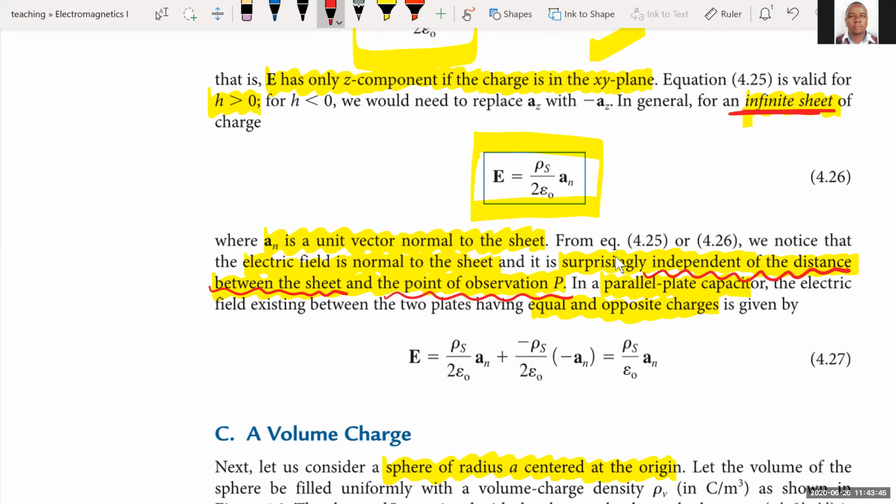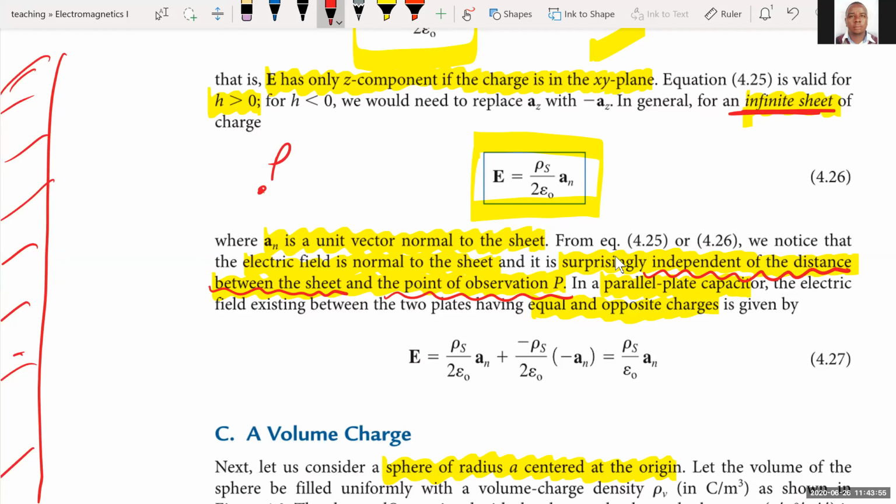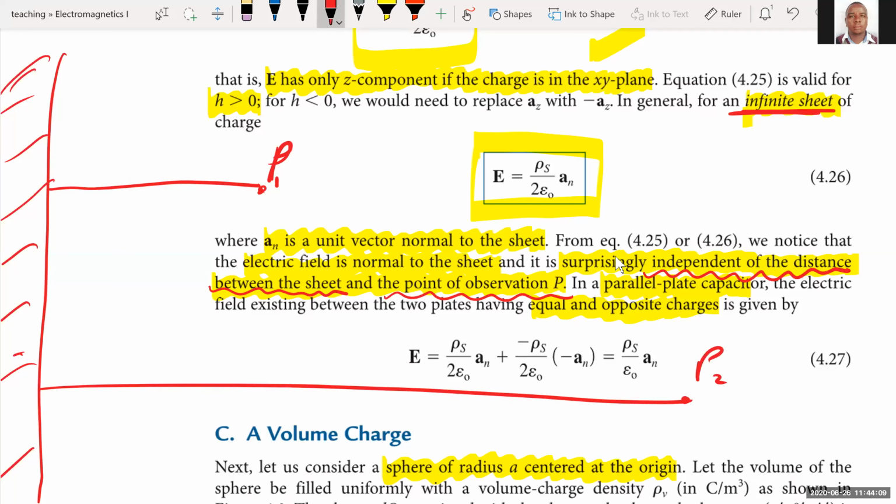And what we are saying is that if you have a very long sheet, like I've drawn, and you're observing at point P here, the electric field strength experienced at point P1, let me call it P1, and if I observe point P2, the perpendicular distance from the sheet to P1 is rho 1, and to point P2 is rho 2.